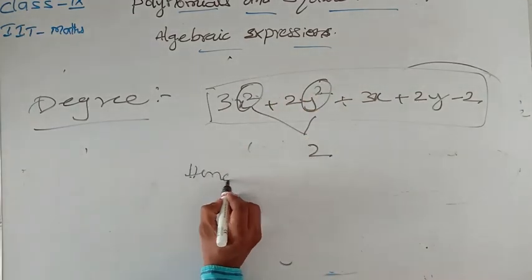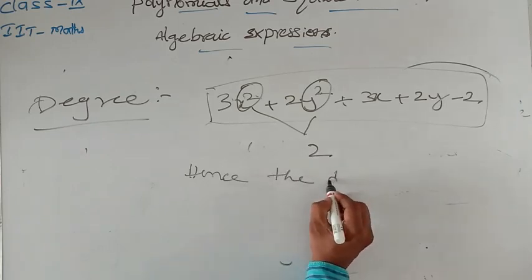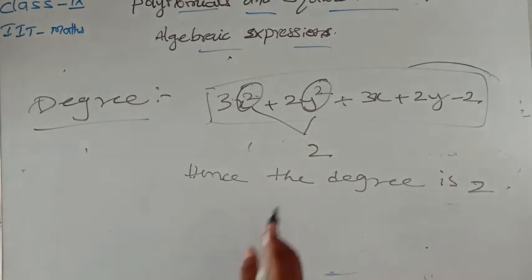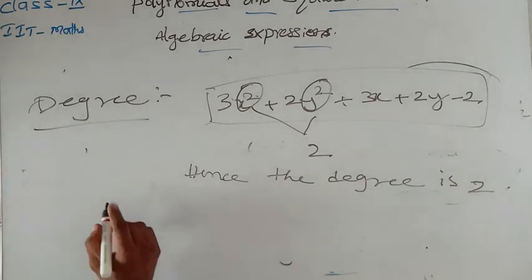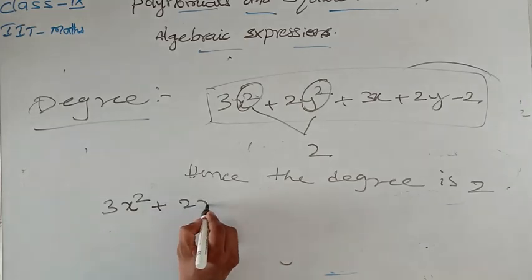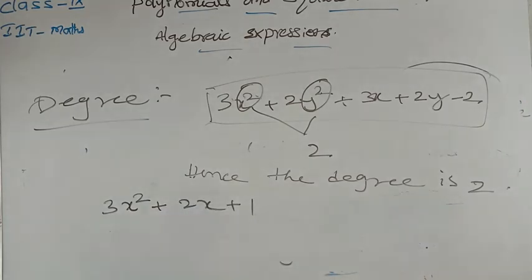Hence, the degree is 2. One more example I am taking 3x square plus 2x plus 1. So here the degree is also same 2.